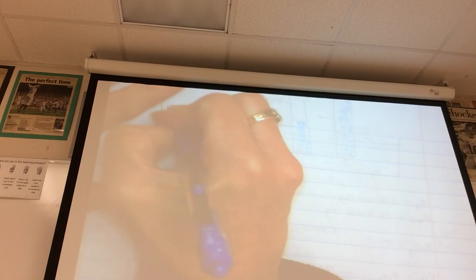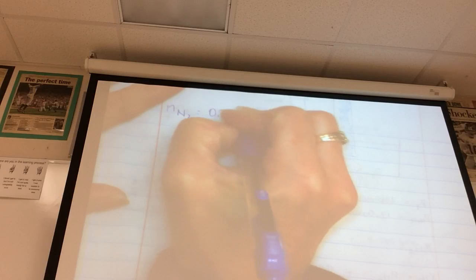In terms of what's given, we've got moles of nitrogen gas, which is 0.250.